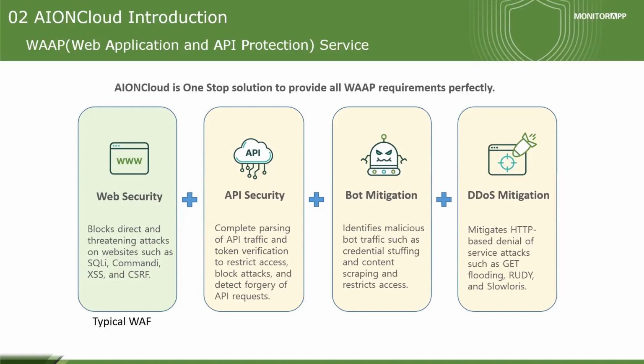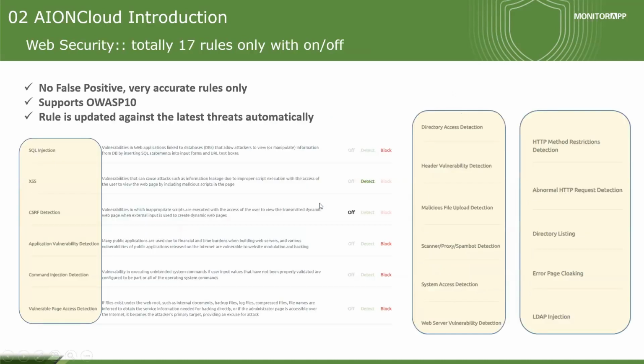The second biggest difference with other WAFs is the number of rules. As I mentioned, legacy WAFs, for example WAF appliances and CDN-based WAF service providers, have several hundred thousand rules, some over a hundred thousand. If you have a security professional, there should be no problem monitoring, deciding whether something is an attack or not, and tuning the rules.